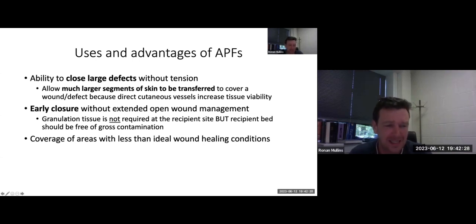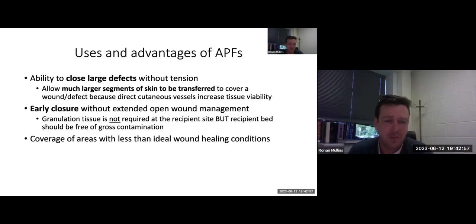Ideally, we would be placing these down on top of healthy granulation tissue. Of course, there are reports of putting them directly down on, without granulation tissue out there with success. But for the most part, we do aim for treating of wounds with granulation tissue and then full thickness mesh skin grafts. But you don't need perfect wound healing conditions for these larger axial pattern flaps.